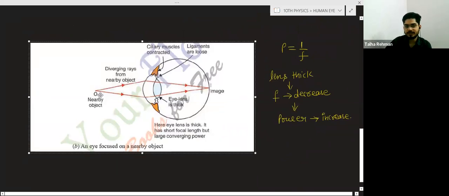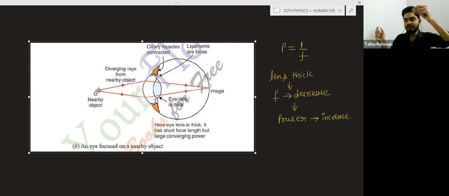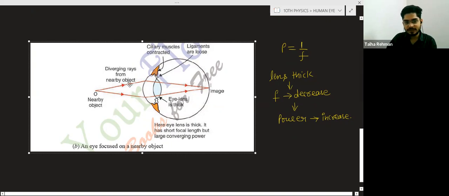This is the nearby object, and from the nearby object the light rays will be diverging light rays. To converge these diverging light rays by this lens, the power should be more.